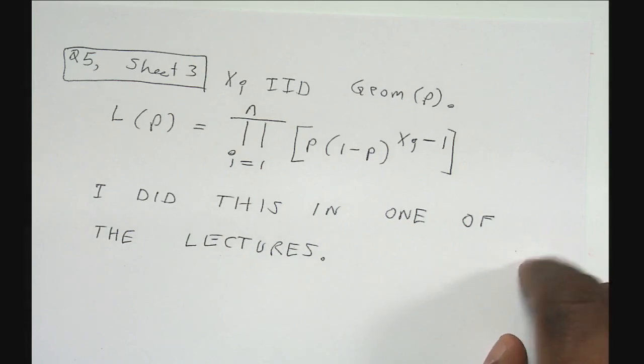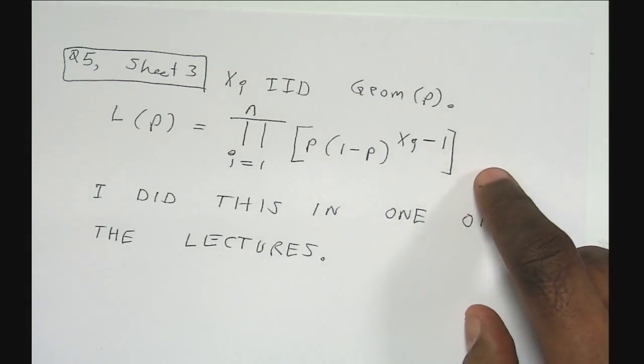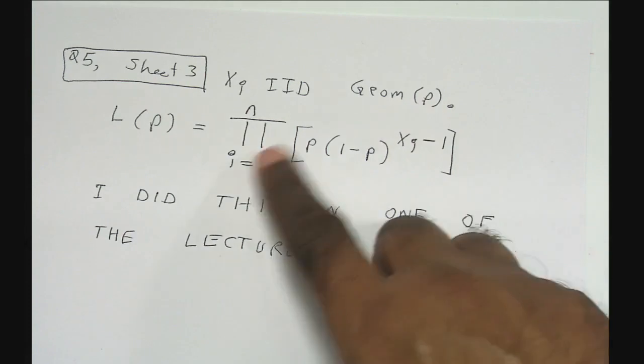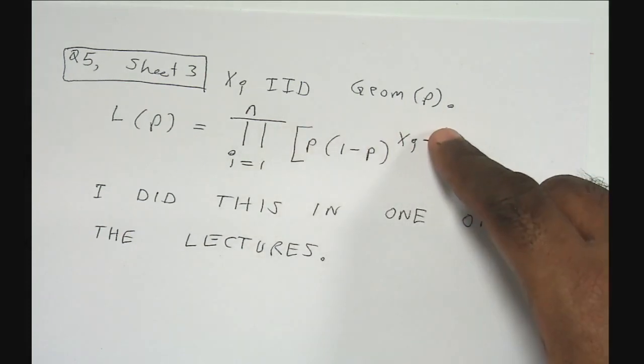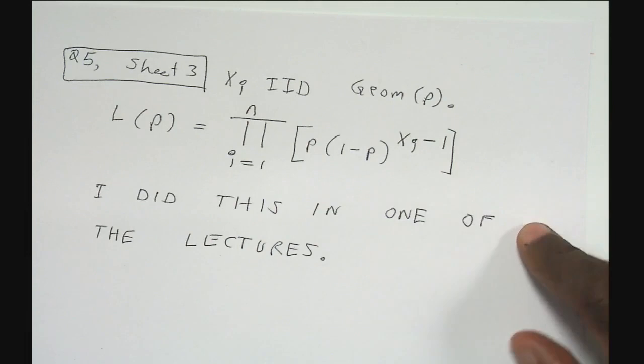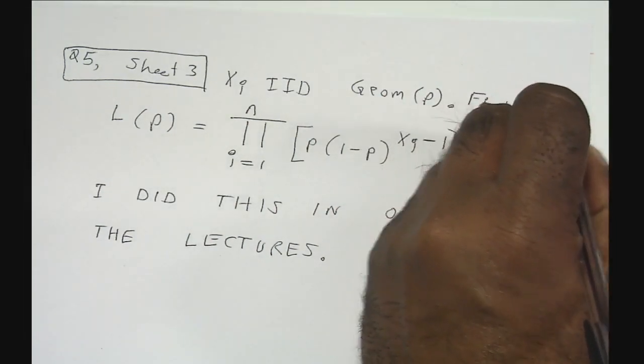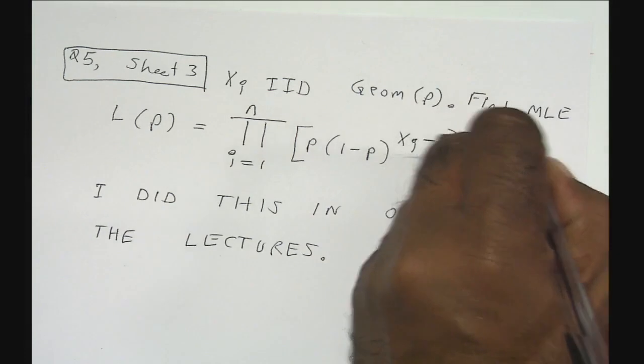So I'm not going to do this now, guys. This is where you have a random sample from a geometric distribution with parameter p, and the question was to find the MLE of p.